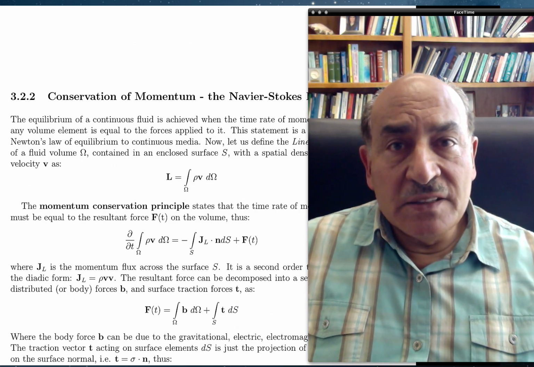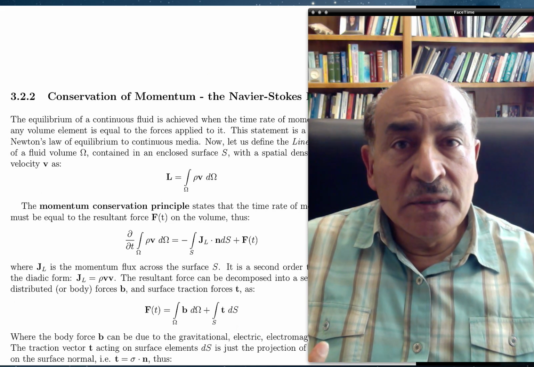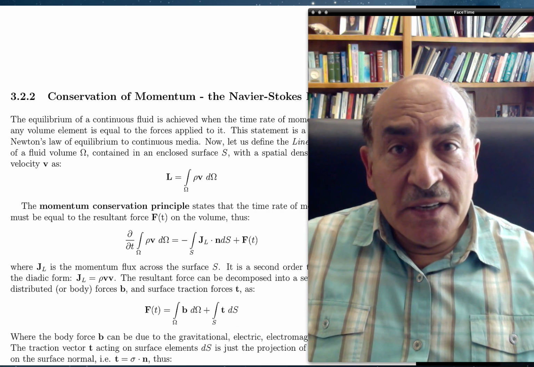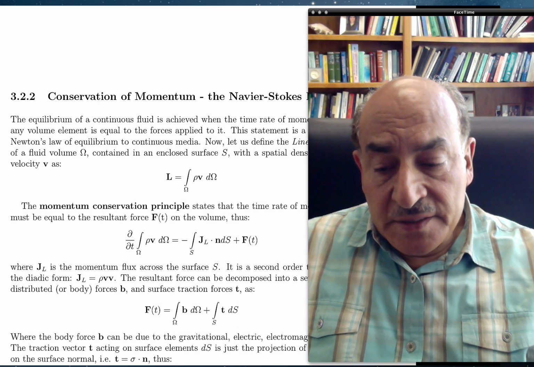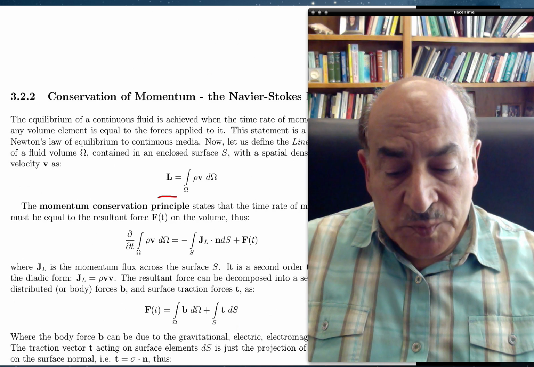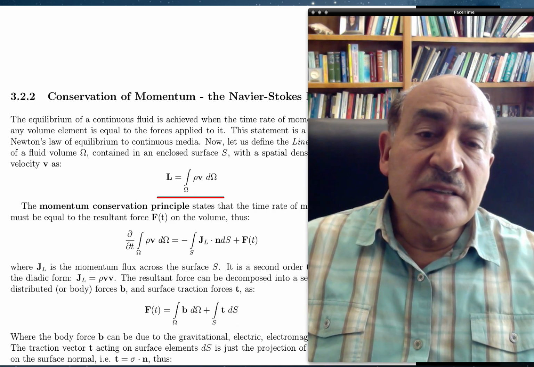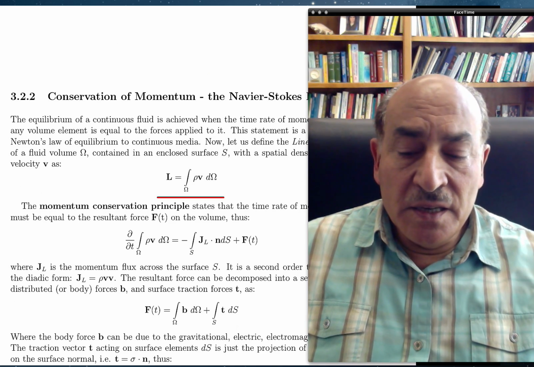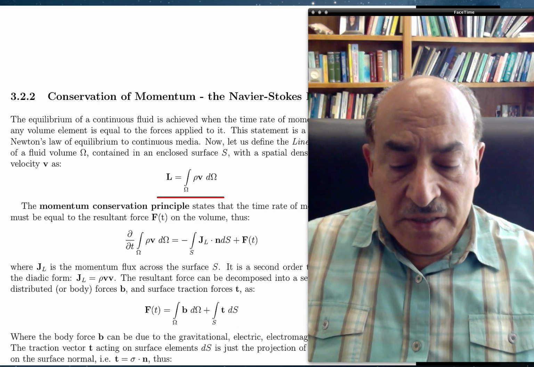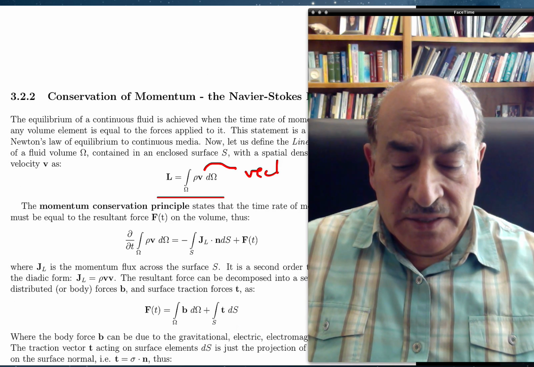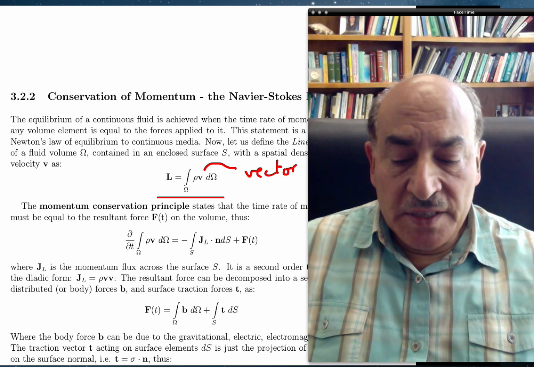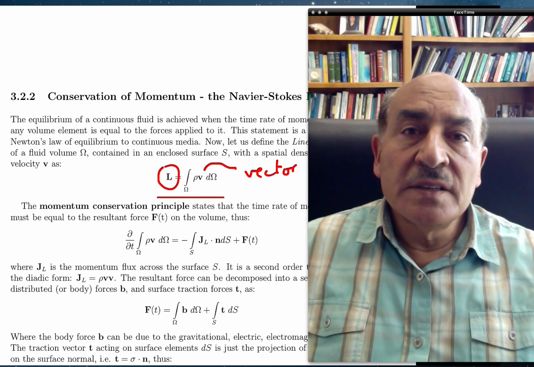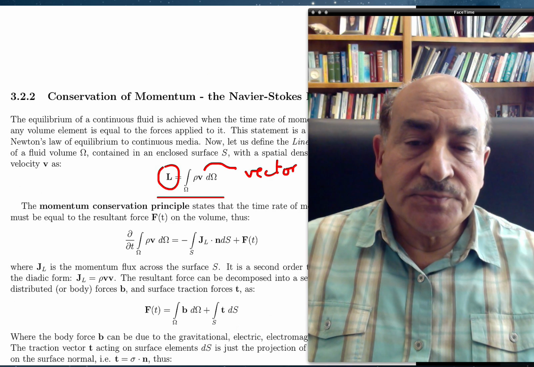You multiply this by the velocity, you get an amount of linear momentum, and if it is integrated over the volume, you will get essentially the linear momentum. So the linear momentum is given by the integral over the volume of rho times v d omega. Notice here that v is a vector that we will consider. So the linear momentum also is a vector, and that's why it is in bold notation.